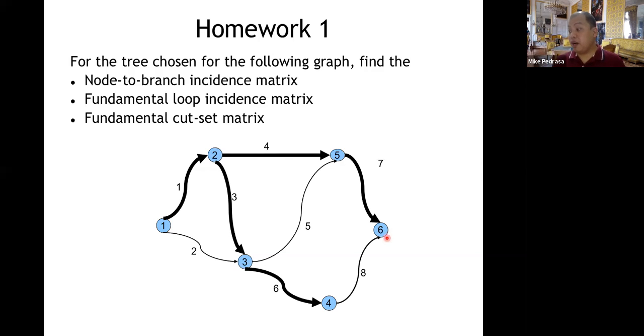So the tree will have 5 branches. If we remove that tree from the network, we are left with the co-tree composed of branches 2, 5, and 8. For this graph and tree, I want you to get the node to branch incidence matrix, the fundamental loop incidence matrix, and the fundamental cut-set matrix.